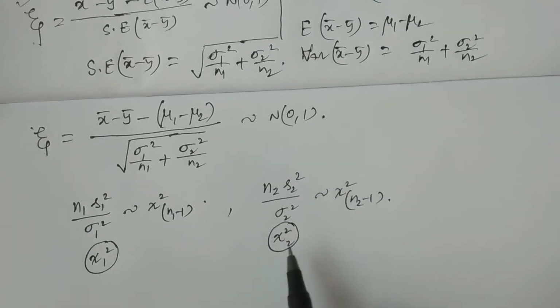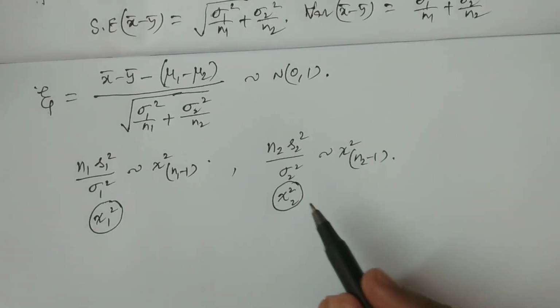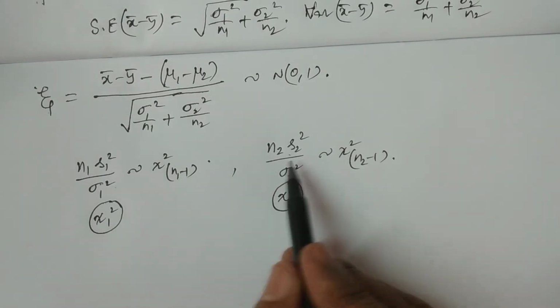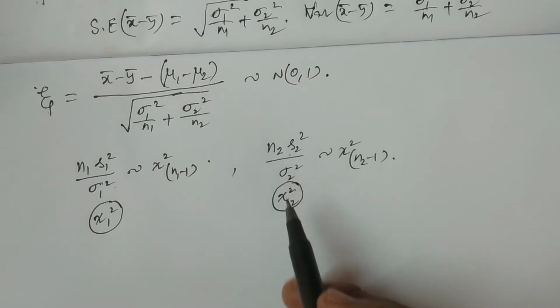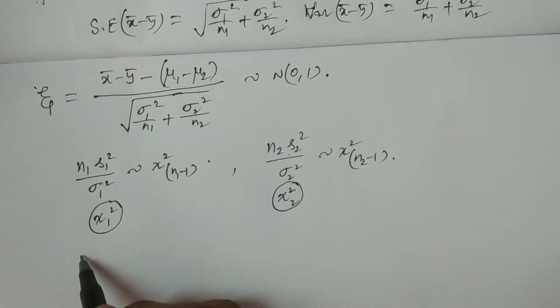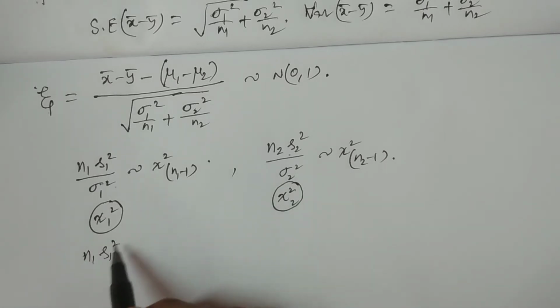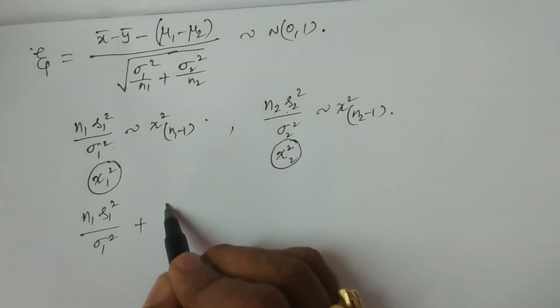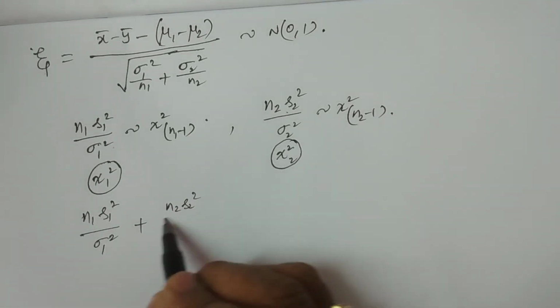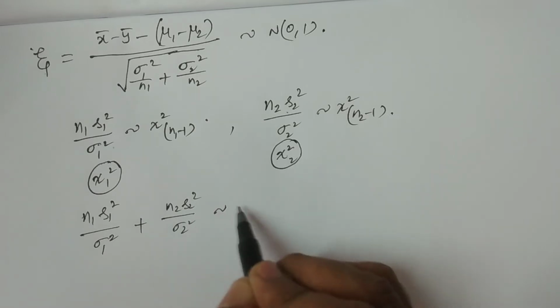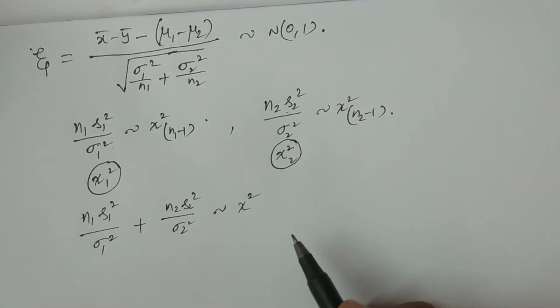Now, since the chi-square distribution satisfies the additive property, if you add these two, n1 s1 square divided by sigma 1 square plus n2 s2 square divided by sigma 2 square, it follows again a chi-square distribution with degrees of freedom equal to the sum of the respective degrees of freedom.